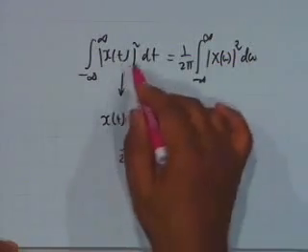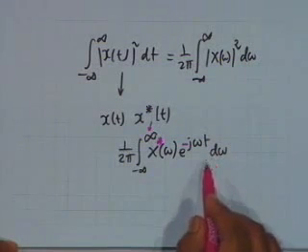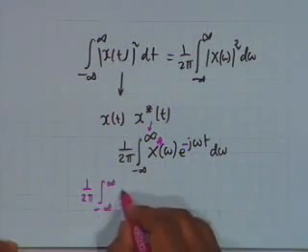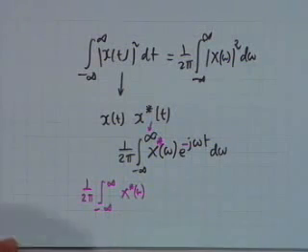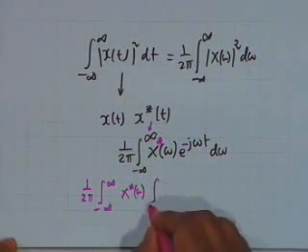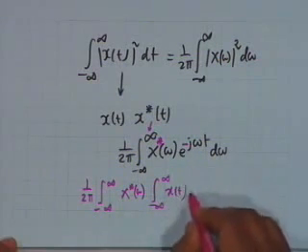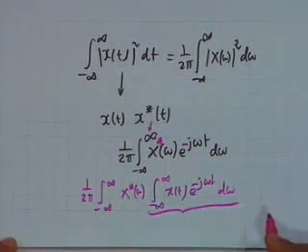So what you do is you write |x(t)| squared as x(t) multiplied by this. Then you get 1 by 2 pi times the integral from minus infinity to infinity of X star of omega, and then the other integral, namely the integral from minus infinity to infinity of x(t) e to the minus j omega t dt, d omega.